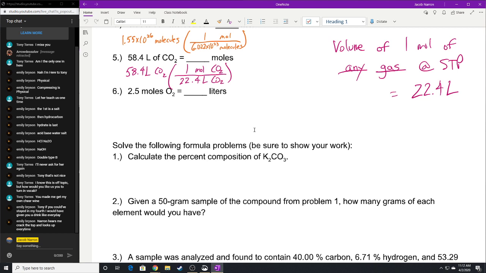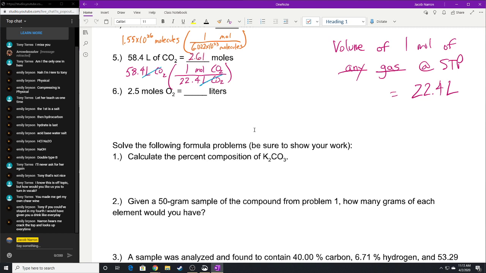Pressure is 1 atmosphere, in other words the pressure at sea level. So I'm going to use this conversion factor. Liters cancels, and we're left with moles. 58.4 divided by 22.4, and I end up getting 2.61. So I'll write that down.